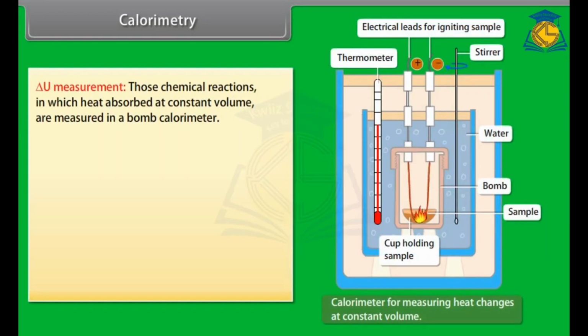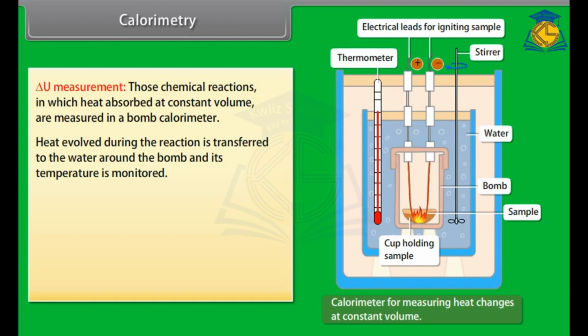Delta U measurement. Those chemical reactions in which heat absorbed at constant volume is measured are studied in a bomb calorimeter. The steel vessel is immersed in a water bath to ensure that no heat is lost to the surroundings. A combustible substance is burnt in pure dioxygen supplied in the steel bomb.